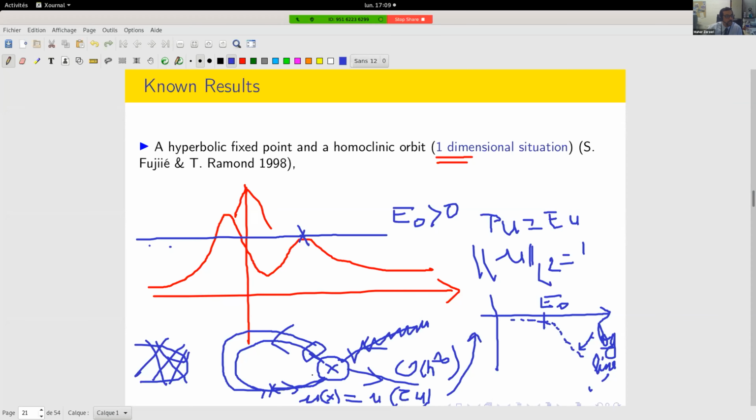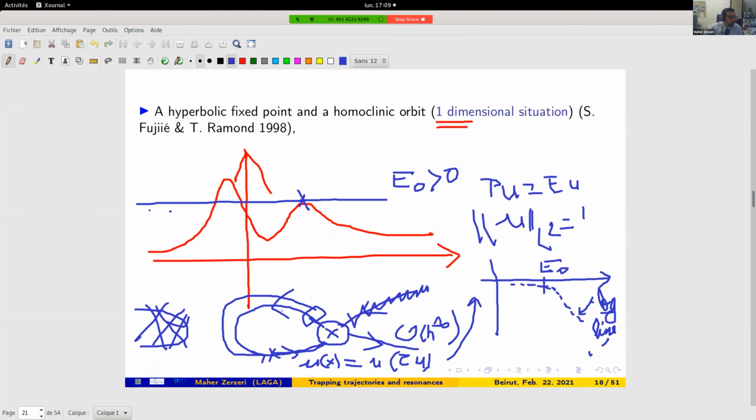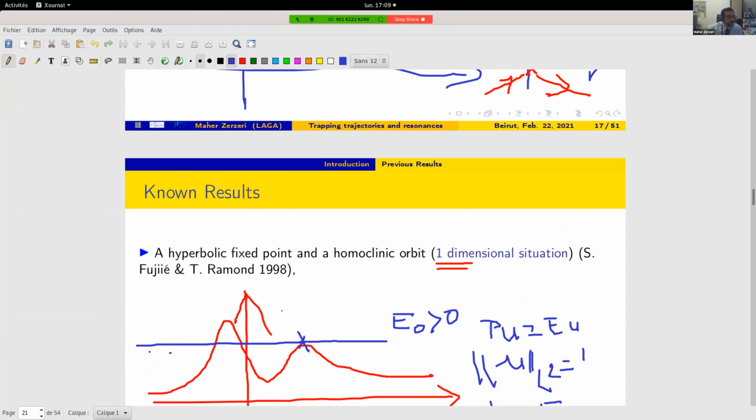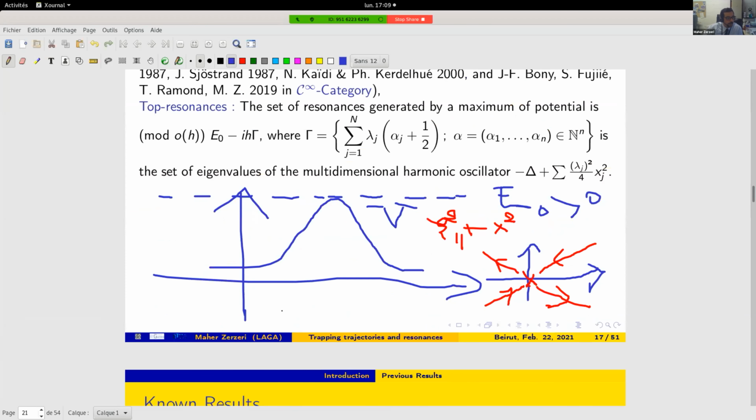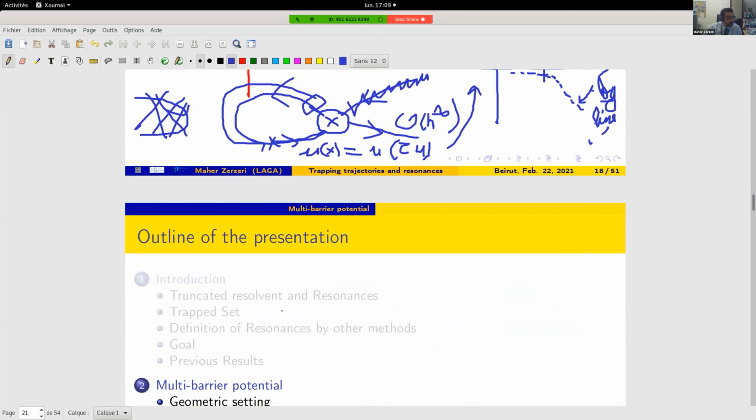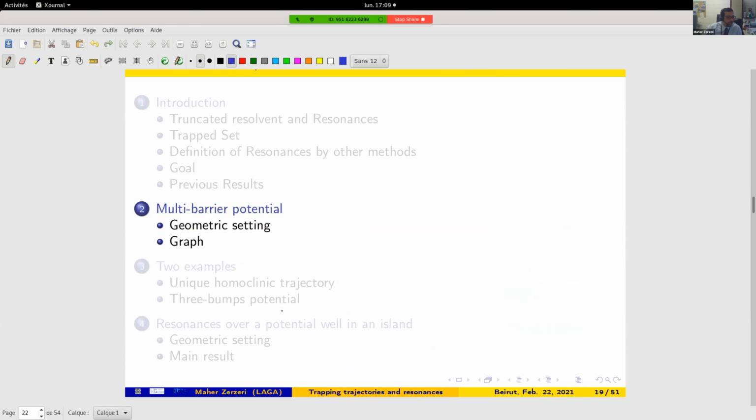This is essentially what we know, the well-known behavior and the relation between the eigenvalue and the resonances, the distribution of resonances, and the set of trapping trajectory.